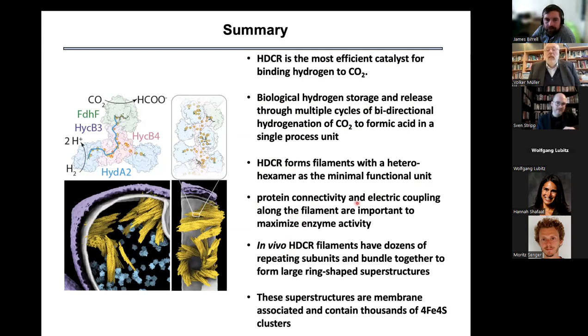Protein connectivity and electric coupling is observed in that filament, and it's important to maximize enzymatic activities. And in vivo, the H2ase filaments are bundled together to form large ring-shaped superstructures. And these superstructures are membrane associated and contain thousands of iron-sulfur clusters.